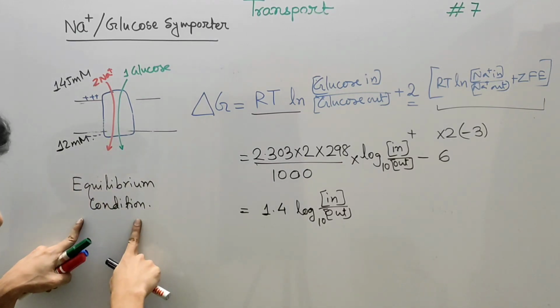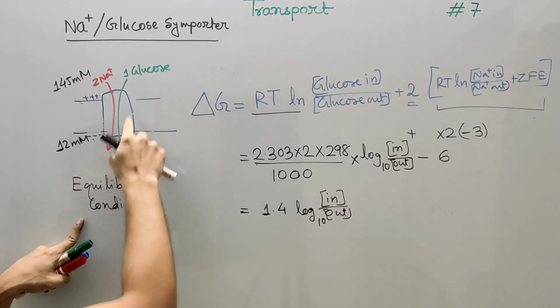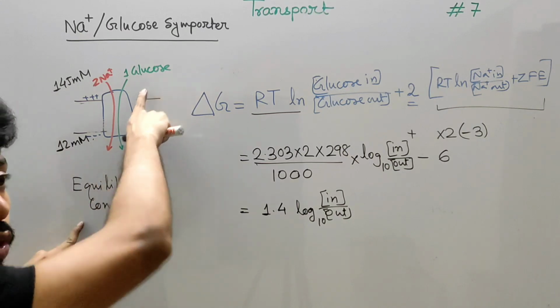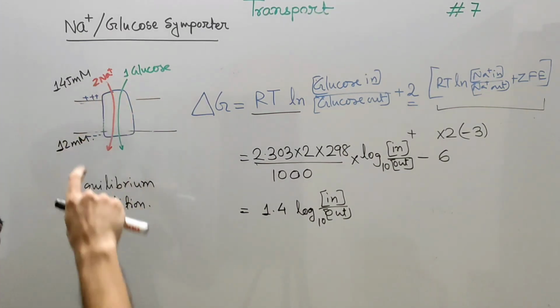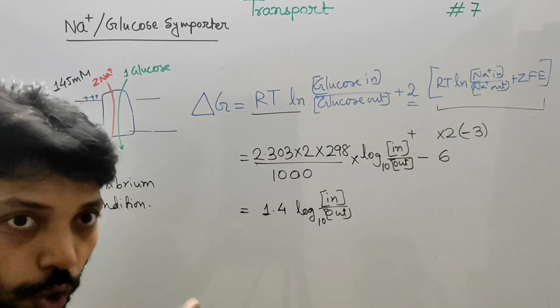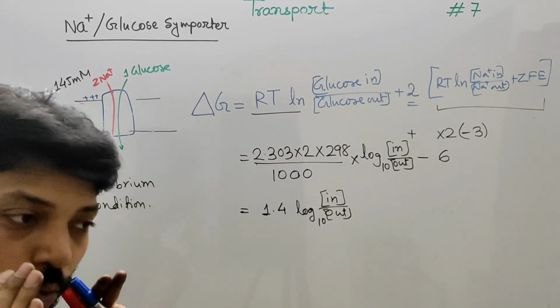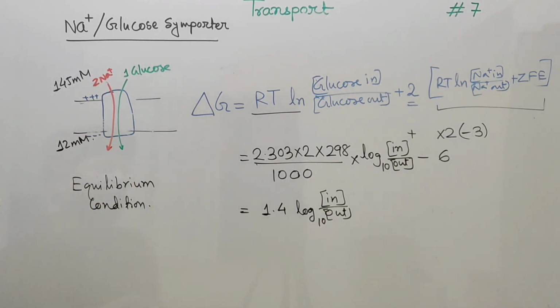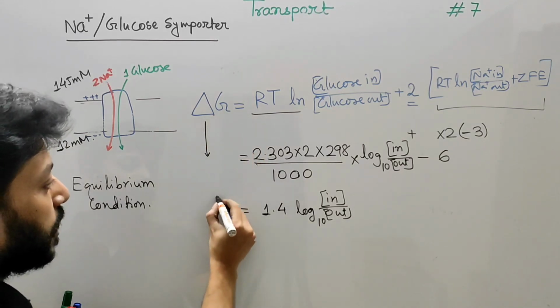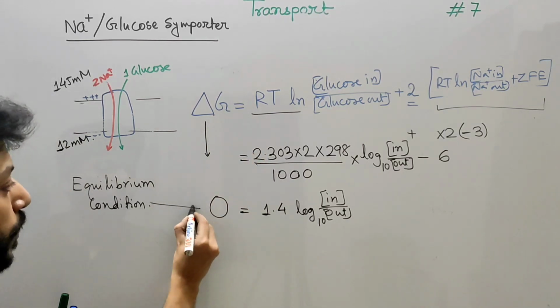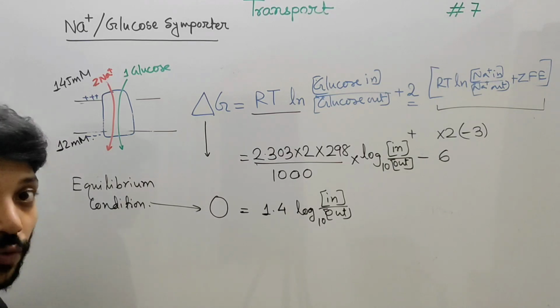At the equilibrium situation, the chemical difference of glucose will be such that glucose will not move, and the sodium electrochemical gradient will be such that it will not move. So the whole Symporter will stop working, and in that situation we put the free energy equal to 0.